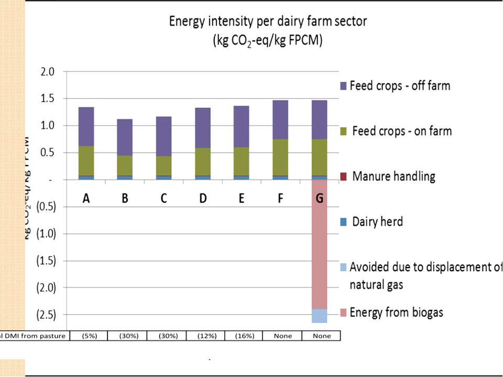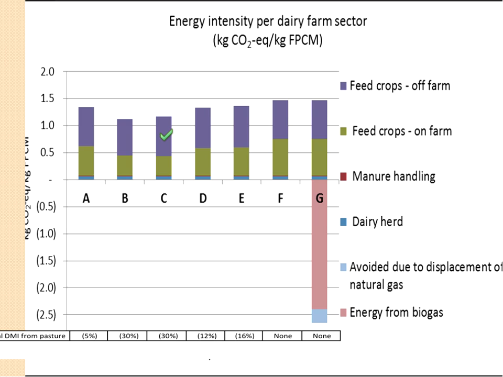If you look at it from an energy standpoint, again, the ultra-pasture systems have lower energy intensity, and the main reduction in the energy comes from the reduced energy to produce all the inputs that go into making crops off the farm.